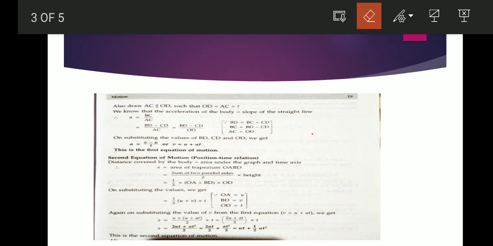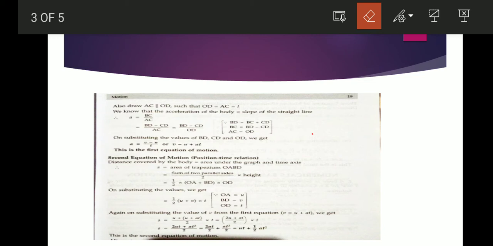So on substituting the values of BD, CD and OD, we get BD minus CD, that is, BD is the final velocity V, CD is the initial velocity U, and OD is time T. That means a is equal to final velocity minus initial velocity divided by time.